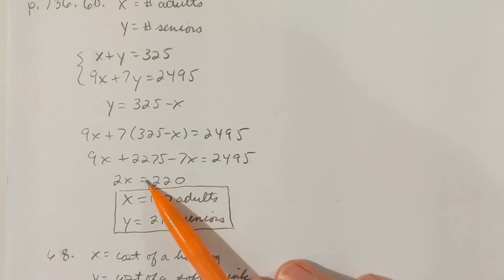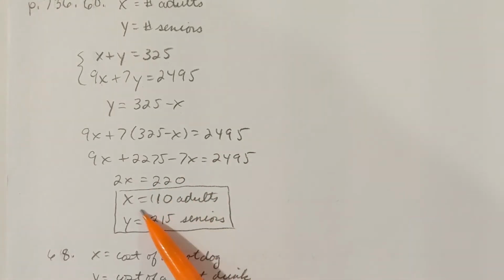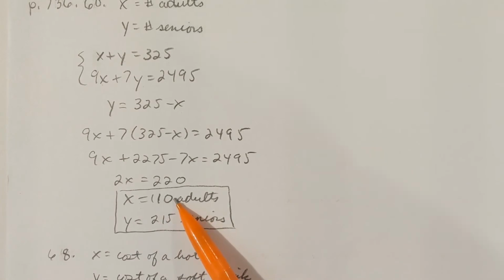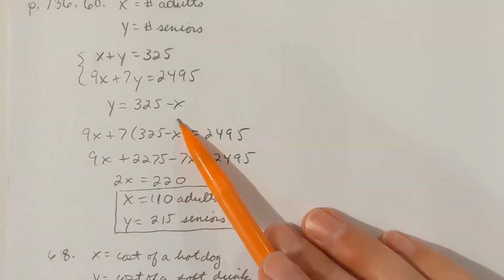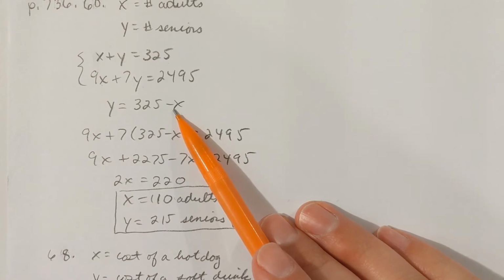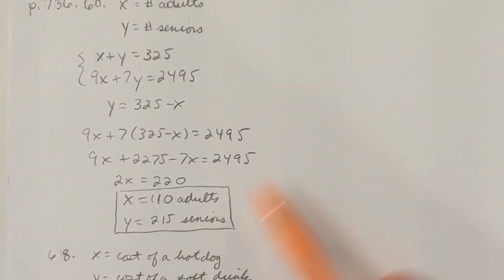Solve this equation for x, and you get 110. x is the number of adults, so there's 110 adults that were at the theater. And if x is 110, y would be 215 seniors then. Okay.